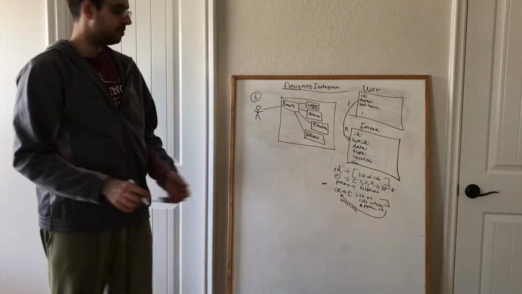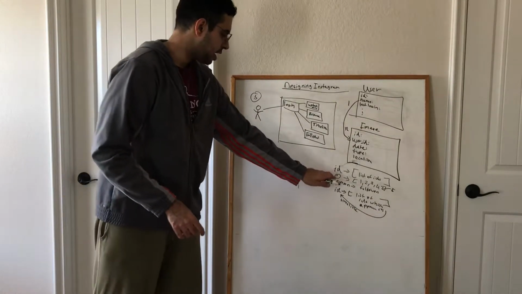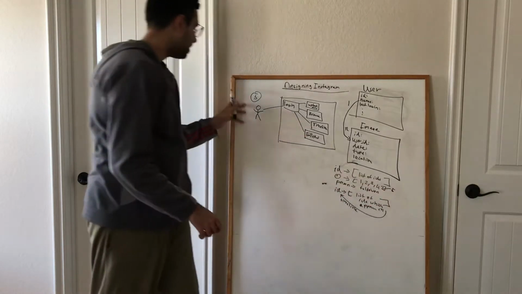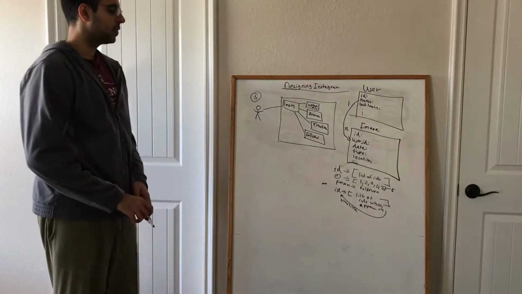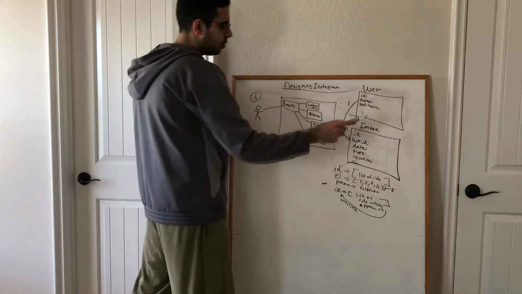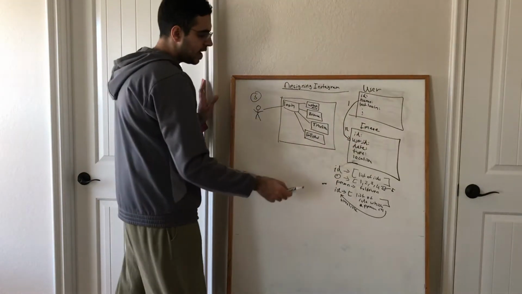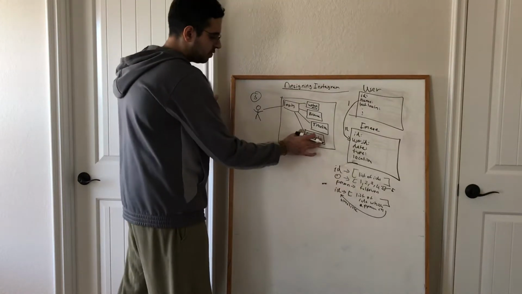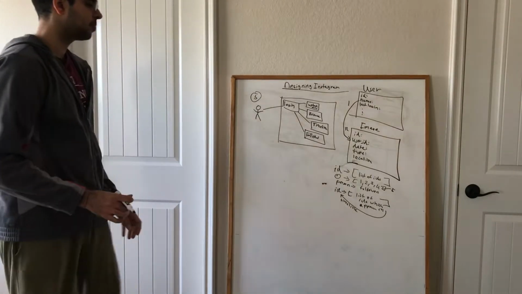So we have 5. So we know that amongst this person's followers, user ID 5 is now one of them. Now we've defined how we can model the user, how we can model an image, and how we can figure out how to follow other users.